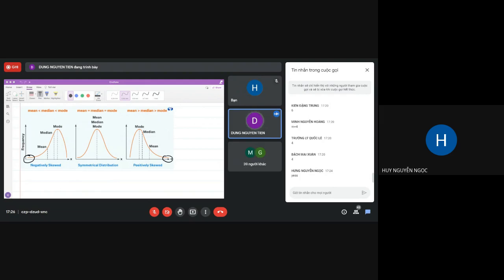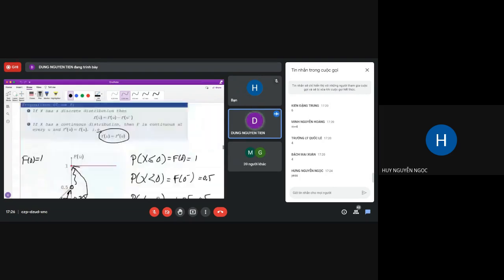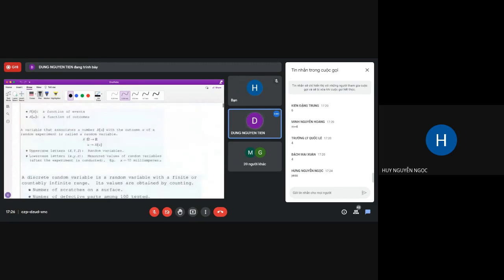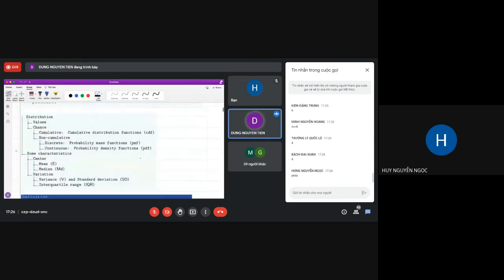Okay, so back to the notation, the one I mentioned over here. I already mentioned the cumulative distribution function, the discrete distribution, probability mass function, probability density function. I already talked about the mean and the median, which I used to describe the center. Now I want to talk about the last one, the variance and the standard deviations.